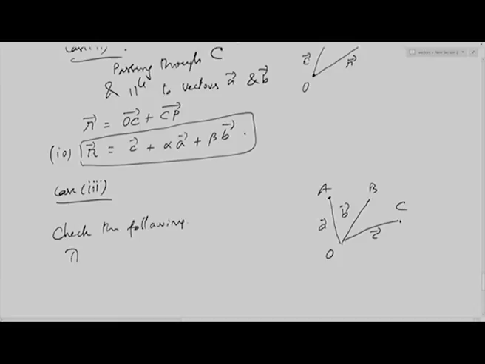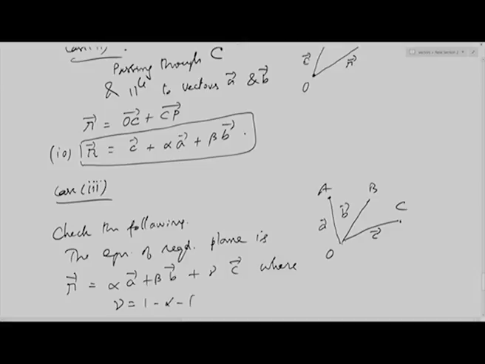The required plane is R equal to alpha times A plus beta times B plus gamma times C, where gamma is equal to 1 minus alpha minus beta.